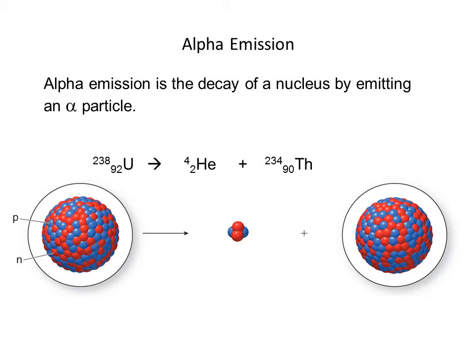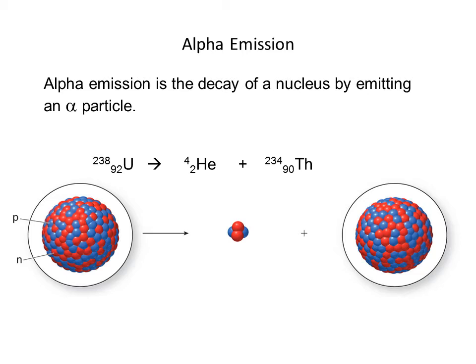If you look at the mass on the reactant side, it's 238. If you look at the mass on the product side, you can see that 4 plus 234 is also 238. If you look at the charge on the reactant side, you'll see it's 92. And if you sum up the charge on the product side, you'll see it's also 92.